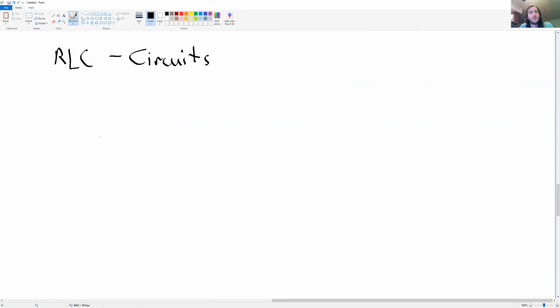Now, these are circuits where, if you're dealing with a circuit where you have a constant voltage source, again, the capacitor will become fully charged.